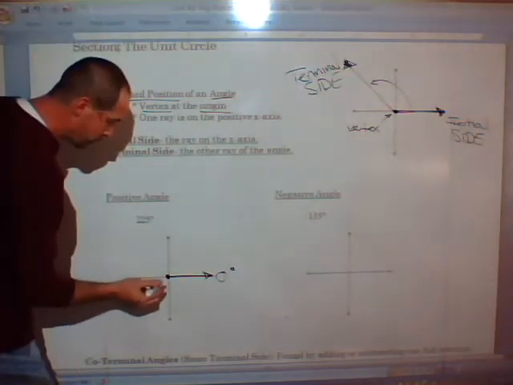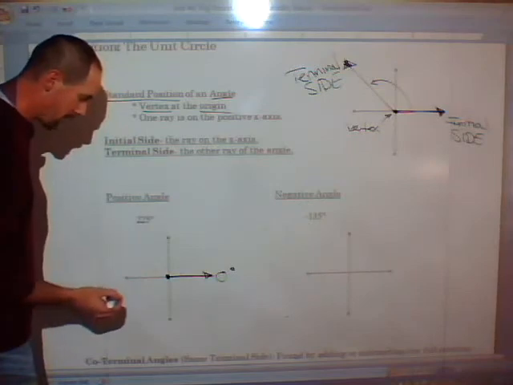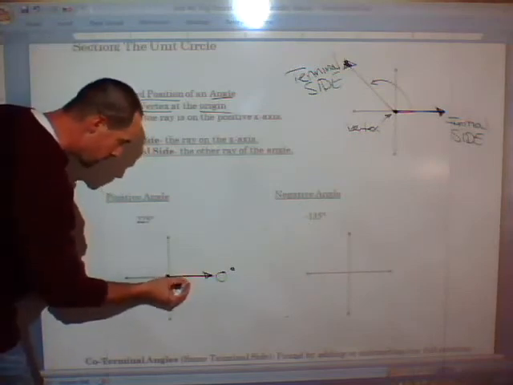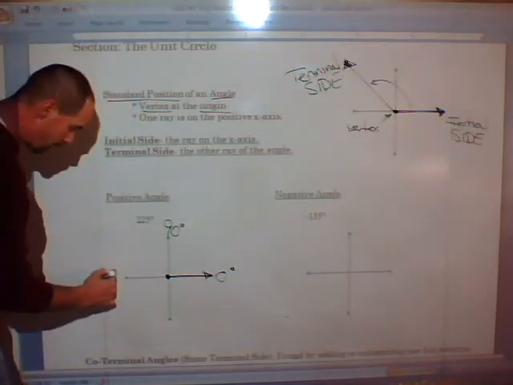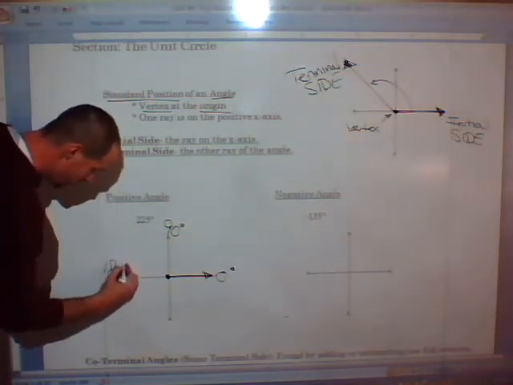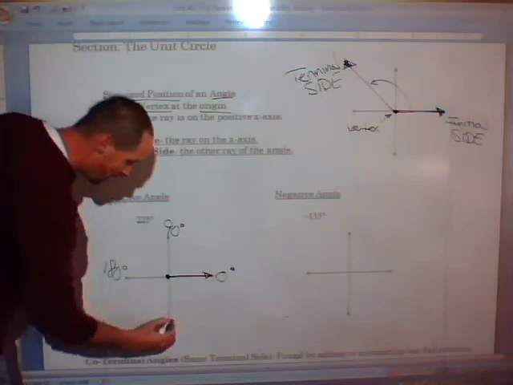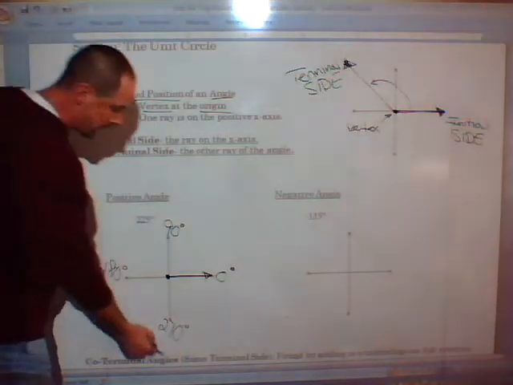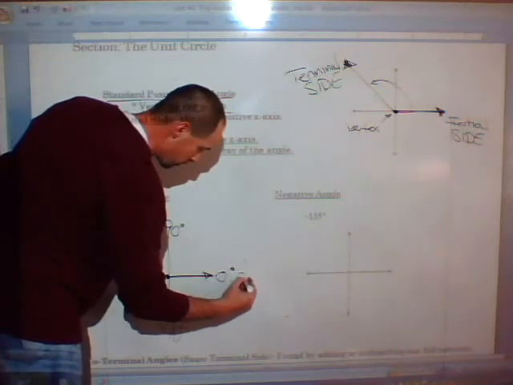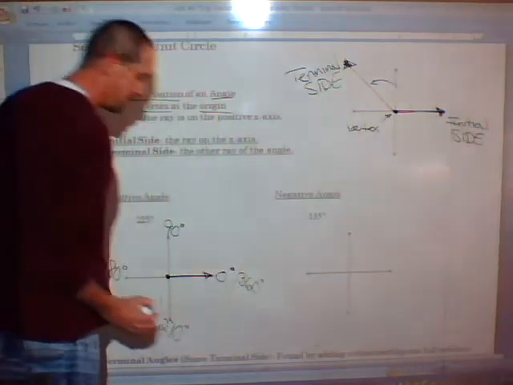Positive angles go counterclockwise. So they head this way, so this would be 90 degrees. Coming around, this would be 180 degrees. Coming around down here, add another 90 to that, that'd be 270 degrees. And come all the way around, this would represent 360 degrees.